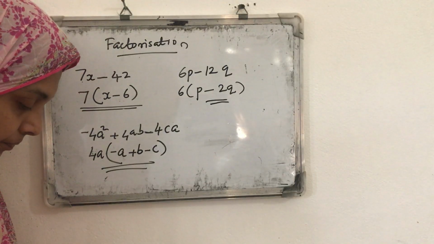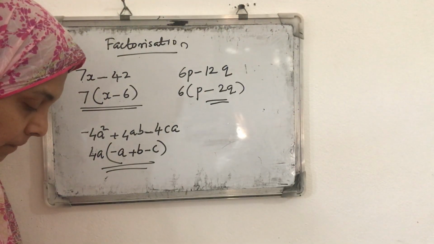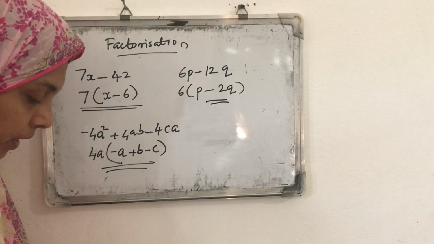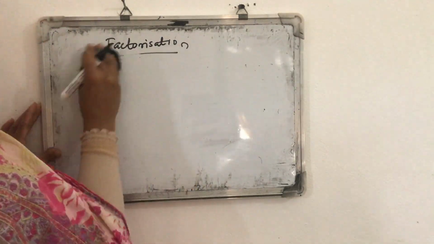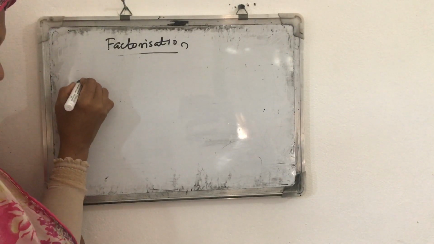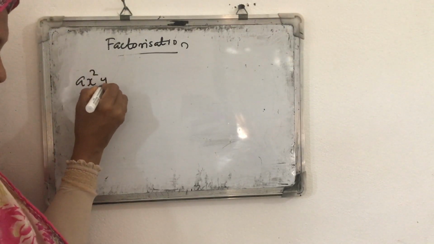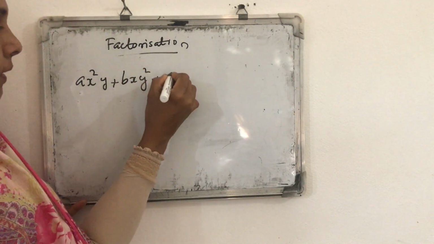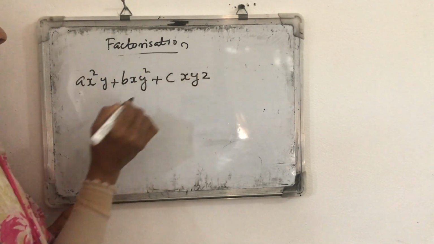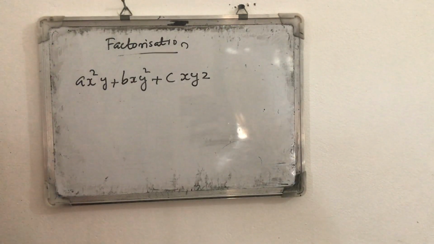Next one: ax square y plus bx y square plus cx y z. All are variables. Find the common factor first. Which is common in all these?